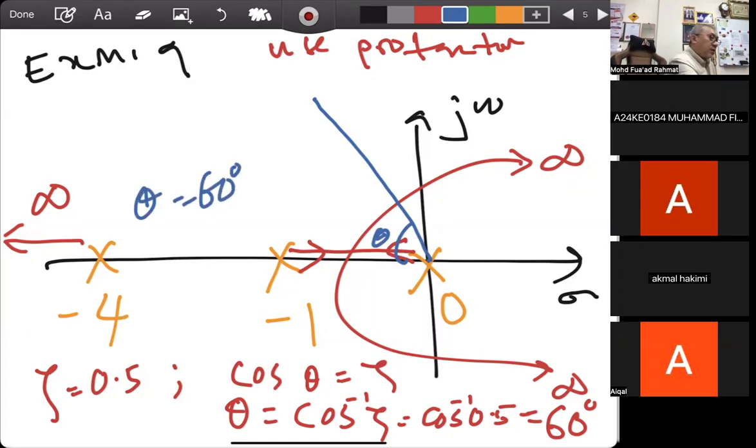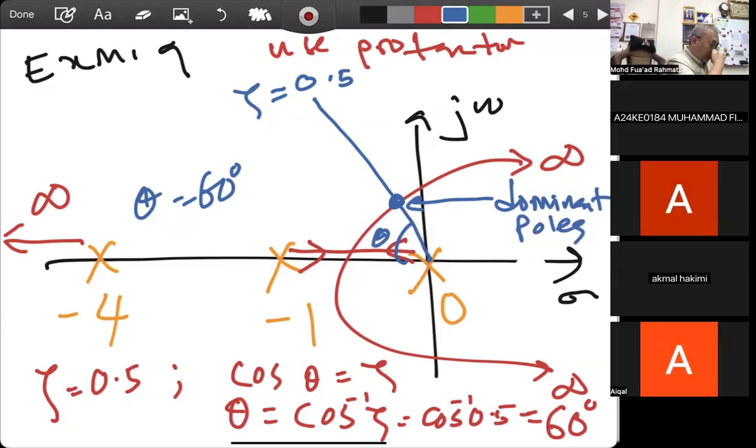So this is the zeta 0.5, guys. And our concern is this point. So this point, we call it the dominant pole.